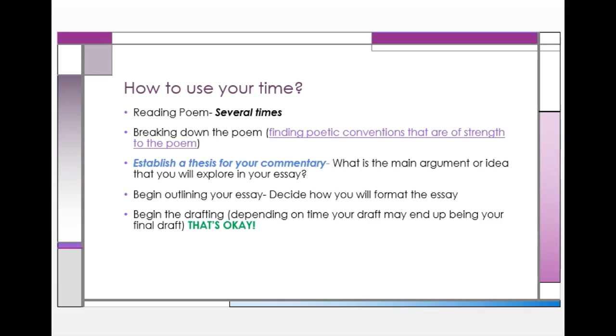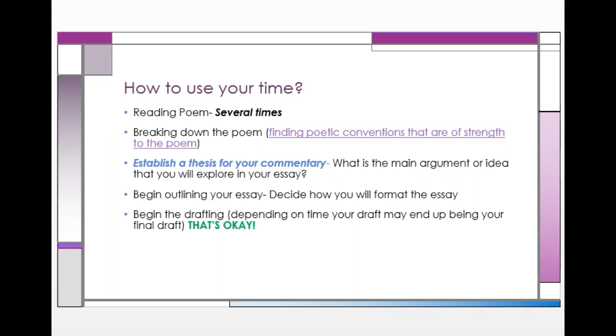So you're going to find the poetic conventions that are of strength to the poem. So I'm not going to find every single device the author uses. I'm going to really go through and hone in on the ones that are utilized frequently and effectively. So if I notice that the author is using a heavy amount of metaphors all throughout the poem, or even the poem itself is an extended metaphor, then I'm definitely going to focus on that.